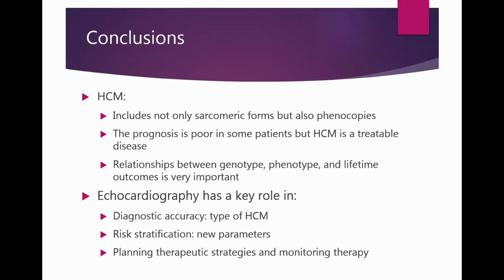The prognosis is poor in some patients, but this is a treatable disease. The relationships between genotype, phenotype, and lifetime outcomes are very important. Echocardiography has a key role in diagnostic accuracy, risk stratification, planning therapeutic strategy and monitoring therapy in our patients. Thank you for your attention.